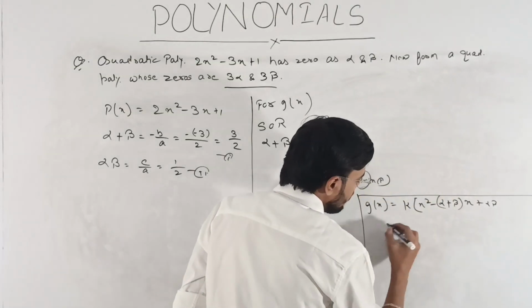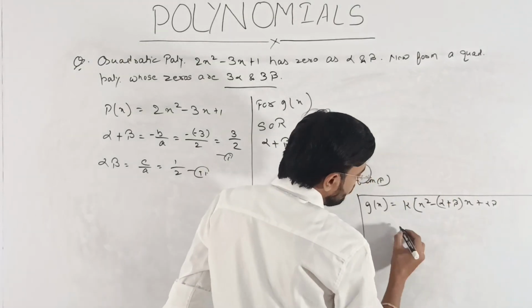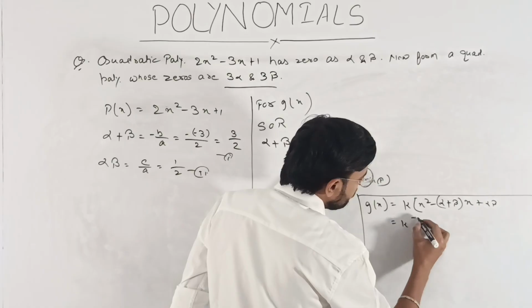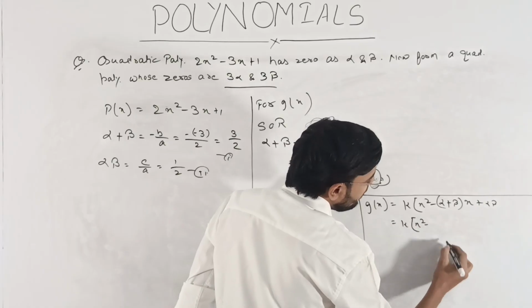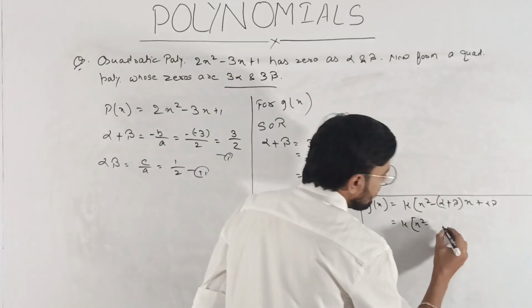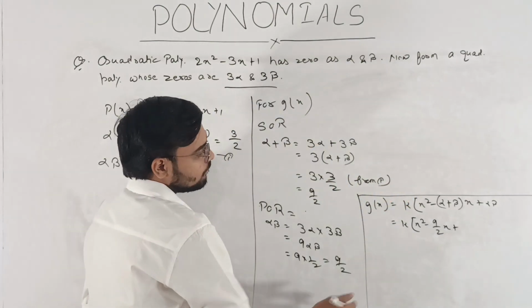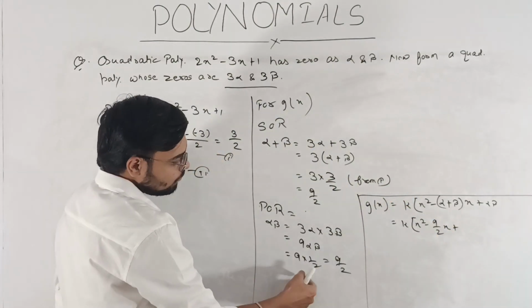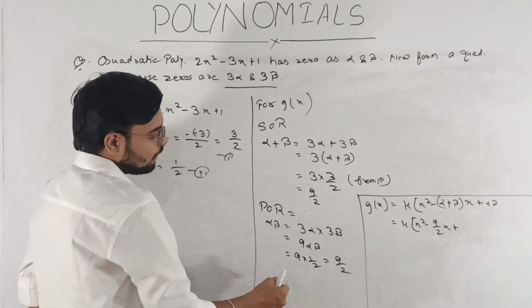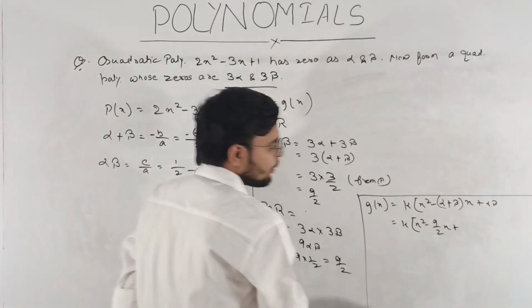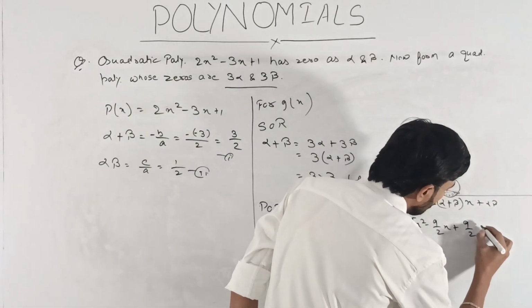So this is k times x square minus 9 upon 2 x plus alpha beta, which is also 9 upon 2.